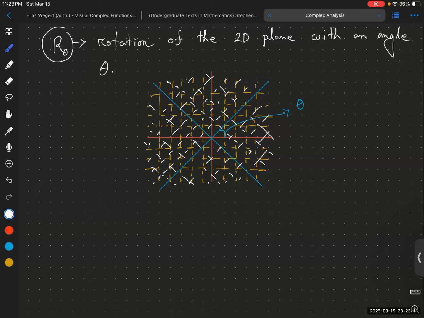So what R theta is doing, this is our initial 2D coordinate system.